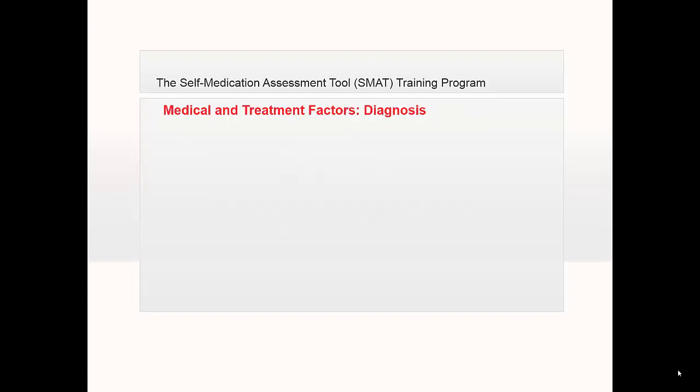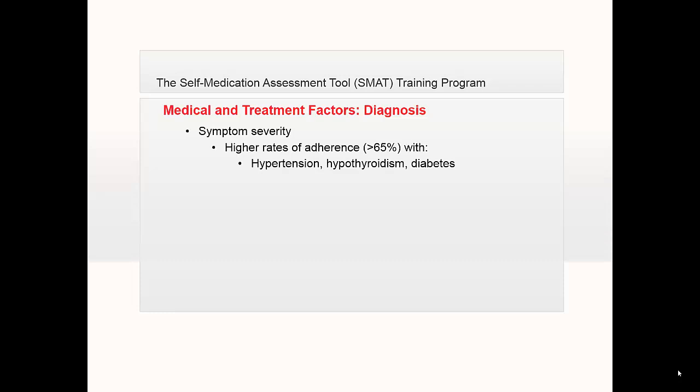In addition to patient factors, there are also various medical and treatment factors that affect medication adherence, such as a patient's diagnosis. For example, the severity of symptoms. There are higher rates of adherence seen in patients with hypertension, hypothyroidism, or diabetes, while lower rates can be seen with silent diseases such as osteoporosis and hypercholesterolemia.